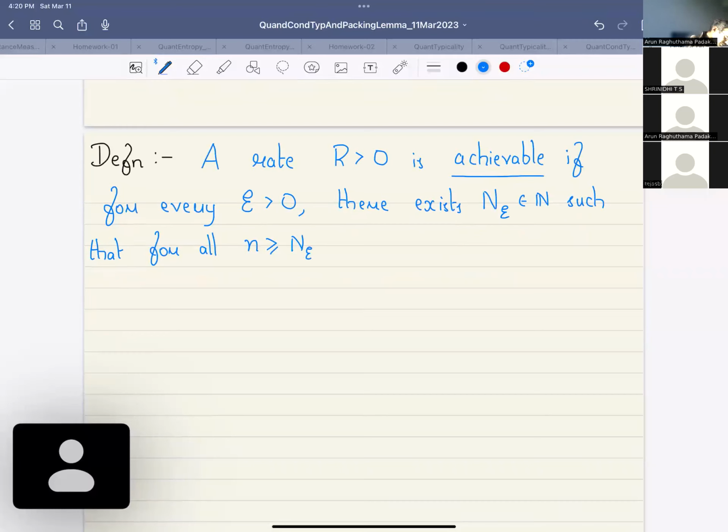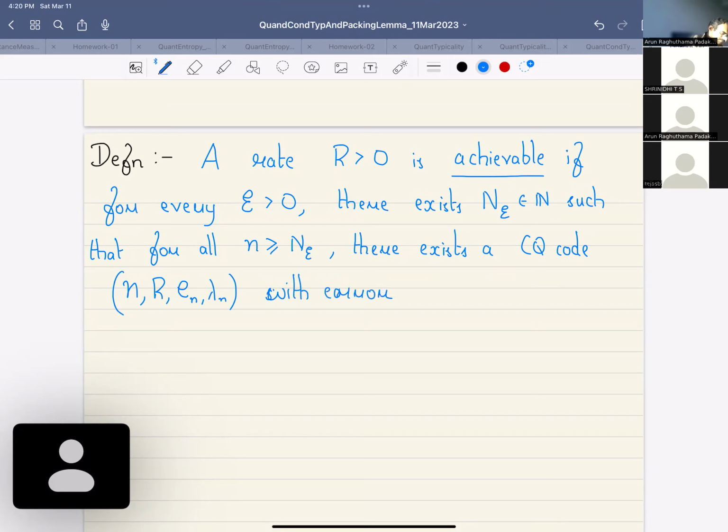There exists an n epsilon such that for all n greater than n epsilon, there exists a CQ code, obviously a function of n, and lambda n, with error probability xi of en comma lambda n less than or equal to epsilon.